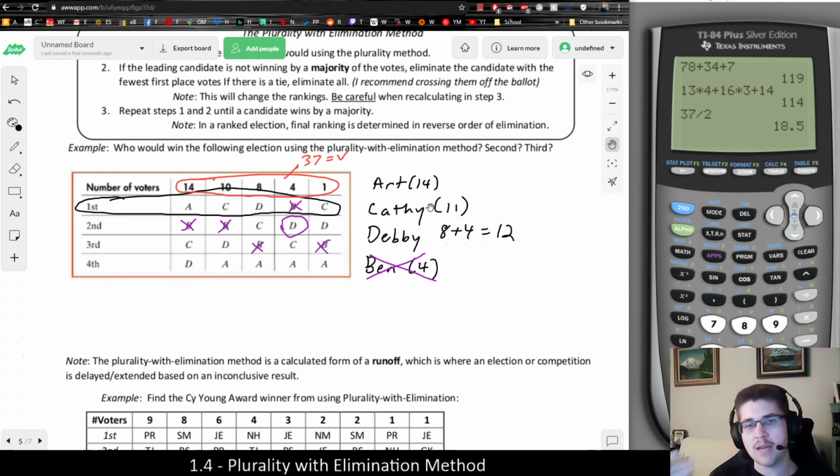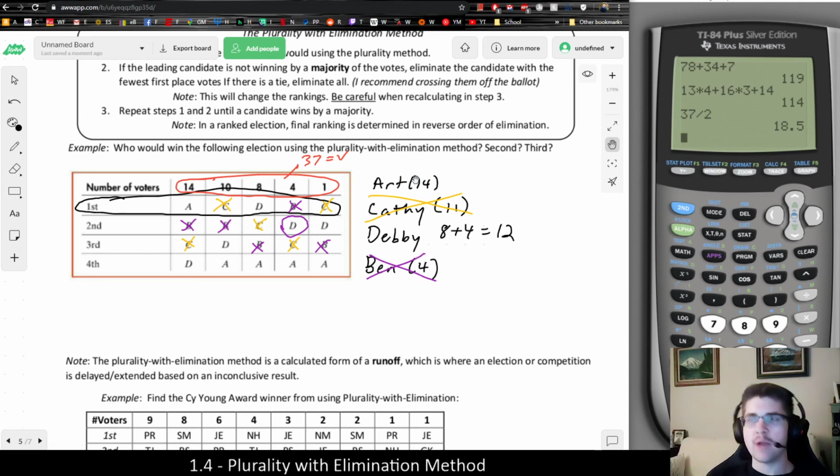Since Art still does not have a majority, we're going to eliminate Kathy next, because Kathy is the new last. Now that Ben's gone, Kathy, with 11, has the fewest first place votes. In the same way, I like to eliminate Kathy from my preference schedule and X her off everywhere. The reason it's nice to do it everywhere is that it's easier to tell who should get the vote.